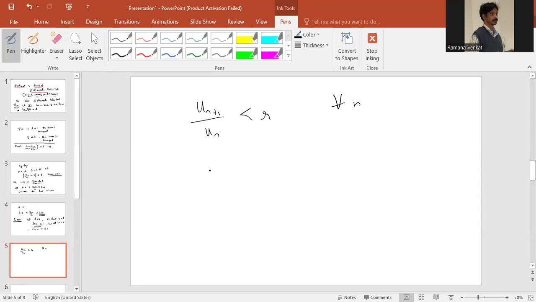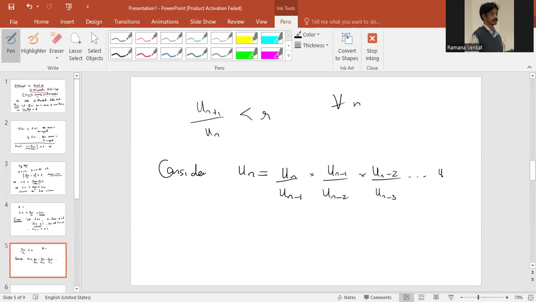And this implies that you can write un as un by un minus 1 into un minus 1 by un minus 2 into un minus 2 by un minus 3, and so on.